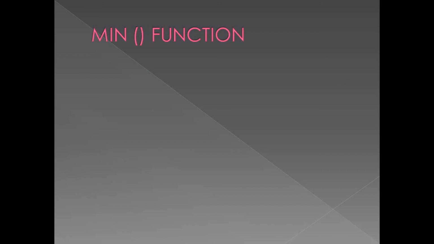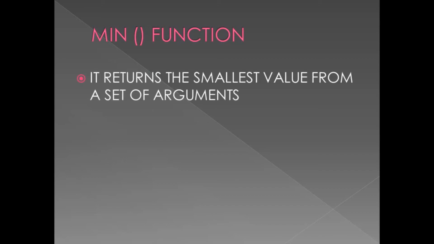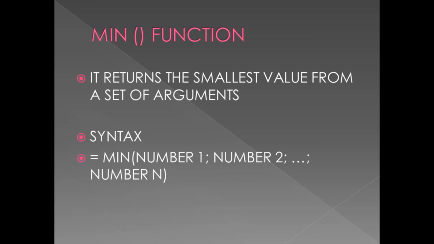Our next function is min. It returns the smallest value from the set of arguments, and the syntax is equals to min number 1 semicolon number 2 semicolon and so on till number n.